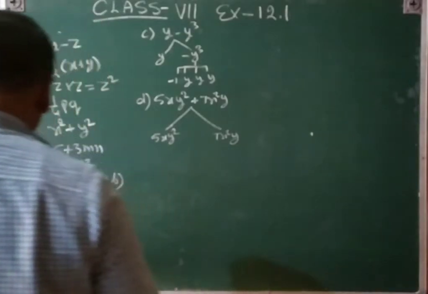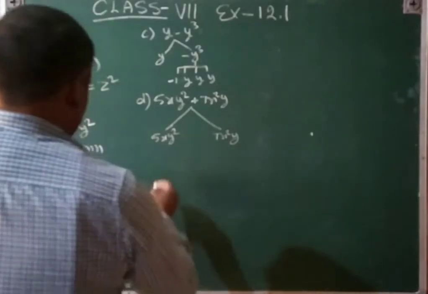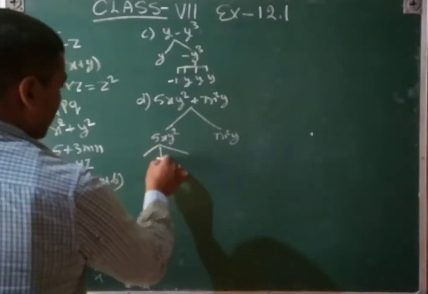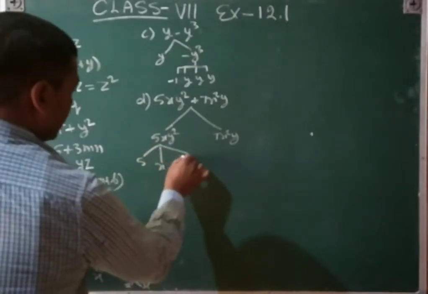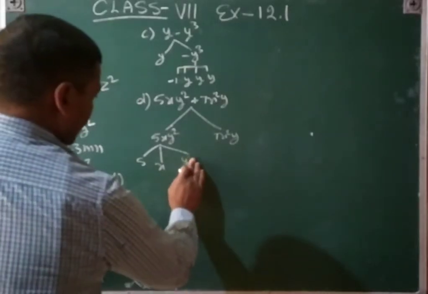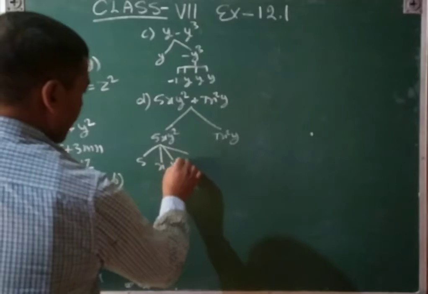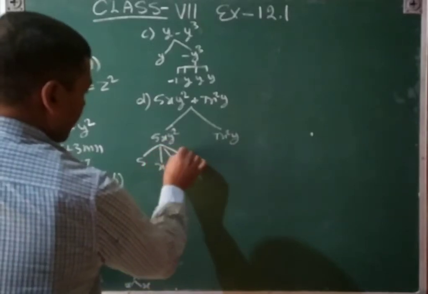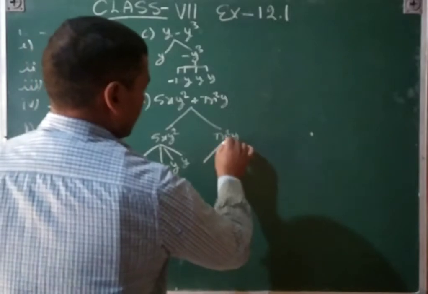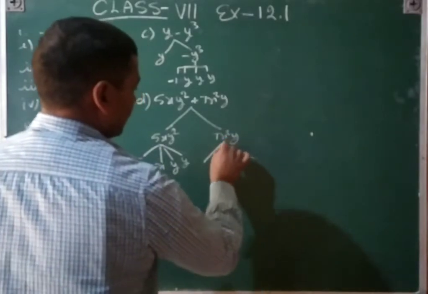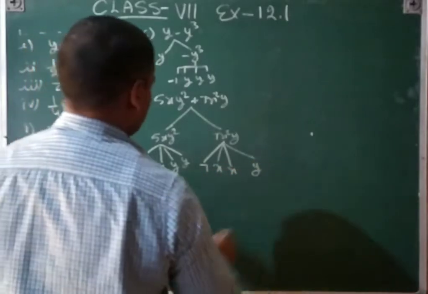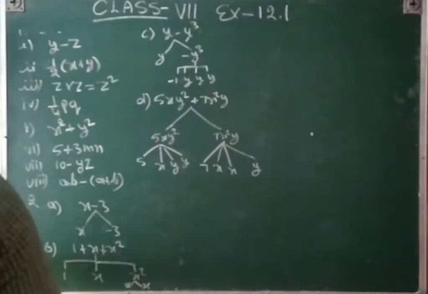Then after that it will move again into 5, x and y square, or we can write y square in two ways, that is also y times y. And then this one also goes in 4 steps: 7, x, x, y.